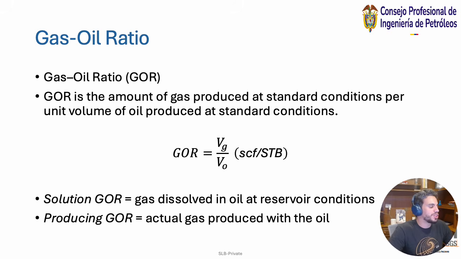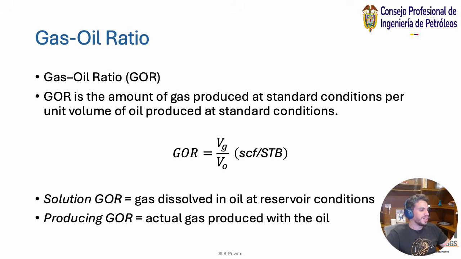So the gas-oil ratio, or GOR, it's referred to as GOR most of the time, is again another dimensionless field, in the sense that it is volume over volume, but it's usually said in these units, so pay attention to that: standard cubic feet per barrel, basically, right?